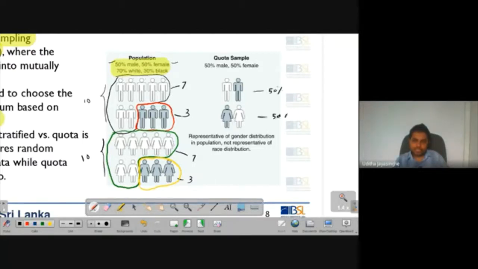Graphically, it is correct, right? 2 men and 2 women. Representative of gender distribution in a population, not representative of the race. So a quota is given as 50-50, and for the sample to be more effective, they have chosen 1 white person and 1 black person from each gender.